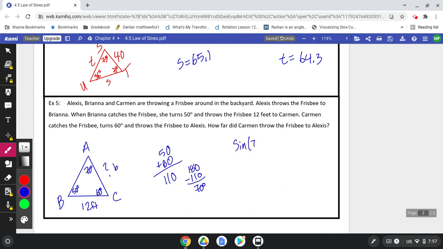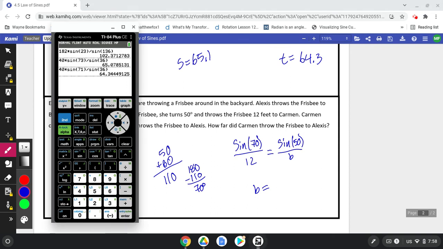At this point now, we can set it up. Sine of 70 divided by 12 equals, and then we know it's going to be the sine of 50 divided by b. We don't know what that is. Okay, we can cross multiply, solve for b. Now, the one thing we do know is that since a was 70, it has to be less than that because b is across from 50. It's less than 12 feet. So it's somewhere between 0 and 12.